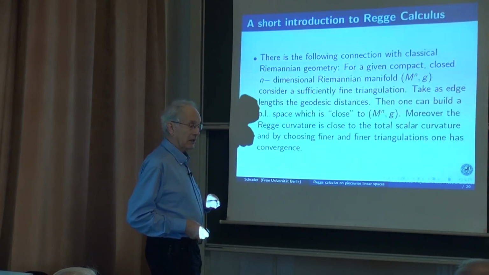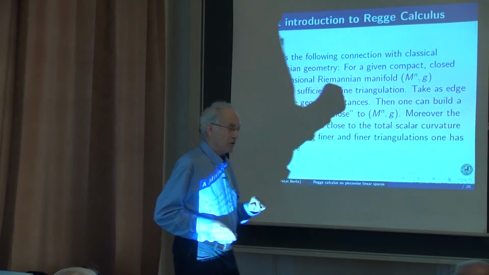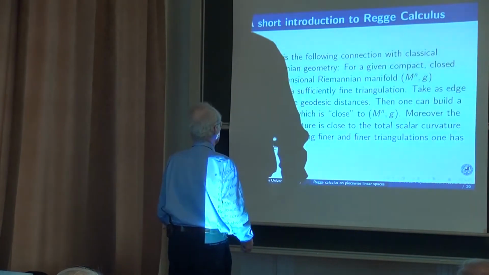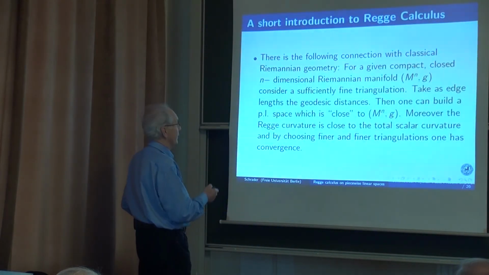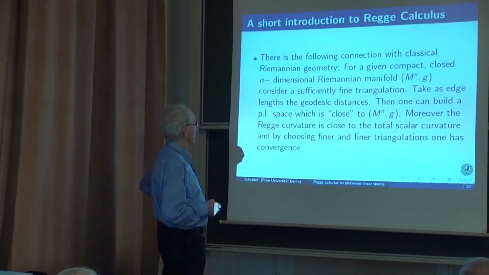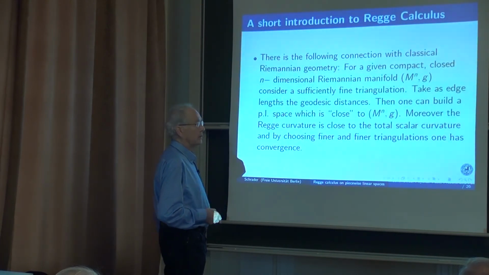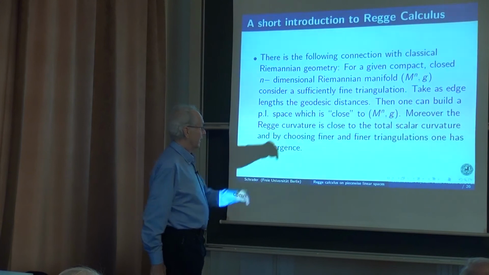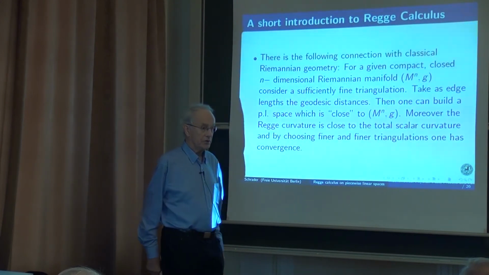So you can calculate the Ricci total curvature. And the statement is, in that sense, you can build a PL space which is close to this Riemannian space. Moreover, the Ricci curvature is close to the total scalar curvature. More precisely, by choosing finer and finer triangulations, one has convergence.